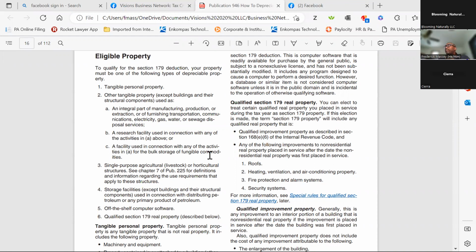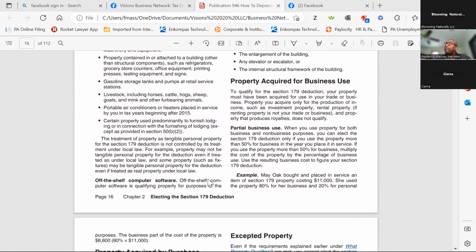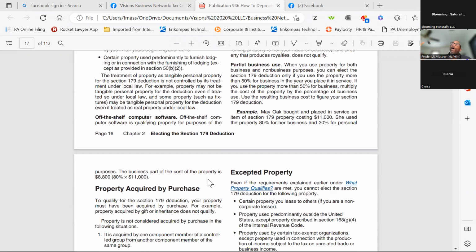However, bonus depreciation, depending upon whether it meets the qualifications, applies to higher costing items above that 179 limit. It could be like a $100,000 vehicle, which you can't take under 179, or the weight might be more than what it allows. Well, then that's where you get into bonus depreciation.